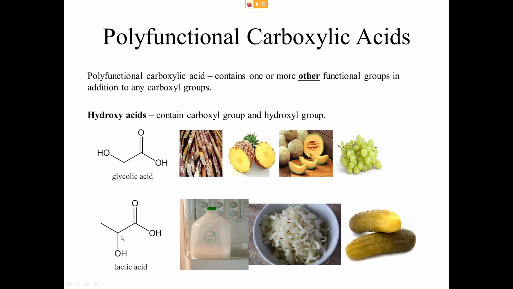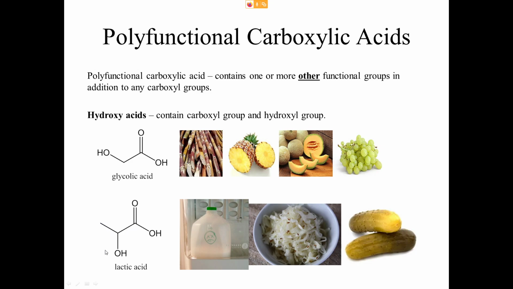Right? So what's the IUPAC name for lactic acid? Propanoic acid, 1, 2, 3. Yes, that's the parent name.